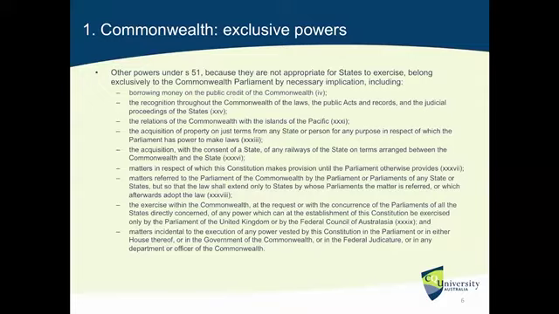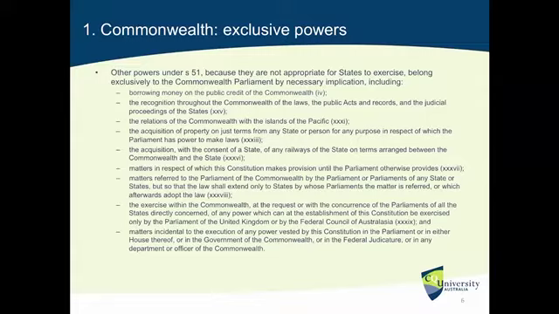The Australian Commonwealth Parliament also, by necessary implication, has the exclusive power to acquire, with the consent of a state, any railway of the state on terms arranged between the Commonwealth and the state. The Australian Commonwealth Parliament also has exclusive power in respect of matters of which this Constitution makes provision until the Parliament otherwise provides.